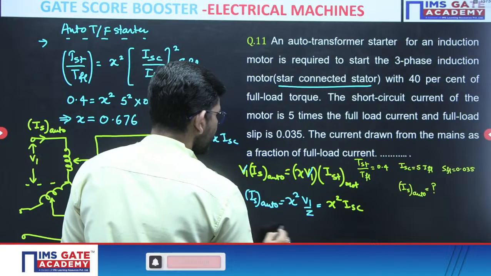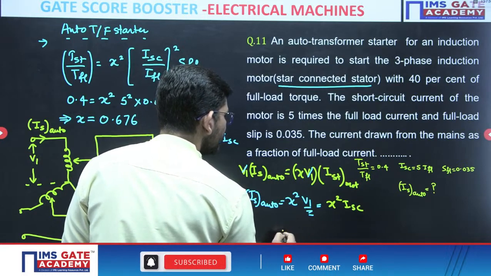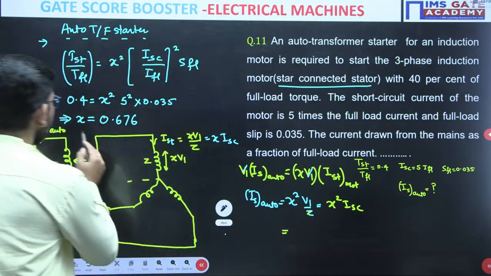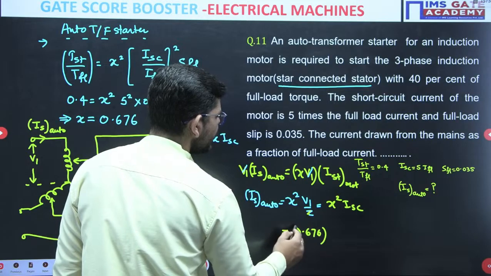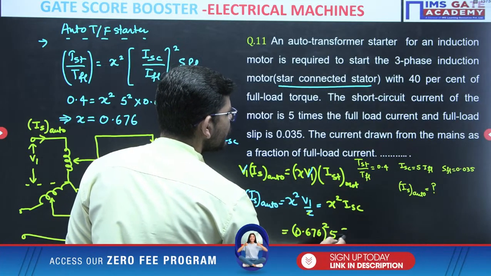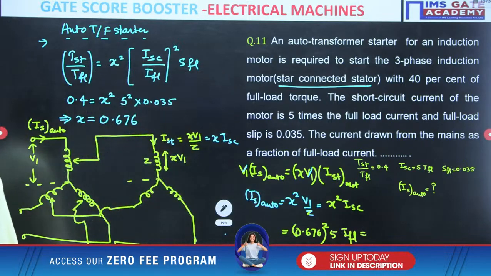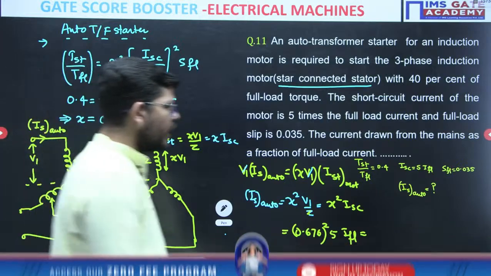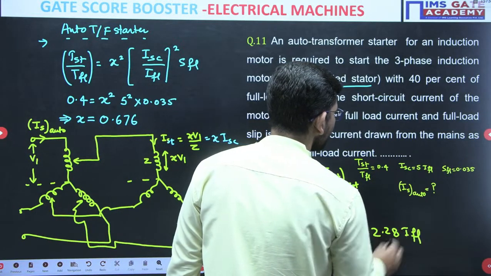Now X square ISC, just put the values. So you have calculated X is 0.676. So 0.676 square into ISC is given 5 times the full load current, okay. Once you will calculate this, okay, then you will be getting 2.28 times the full load current. Okay.